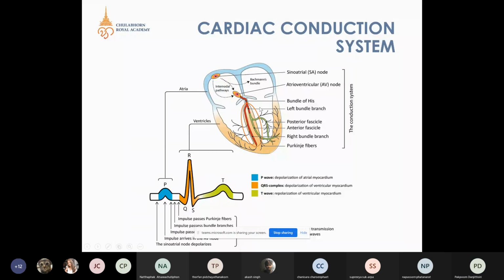After that, the electrical impulse will separate into two branches, called the left bundle branch and the right bundle branch. After that, the signal will go to the Purkinje fibers and then to the myocardium, causing both ventricles to contract.